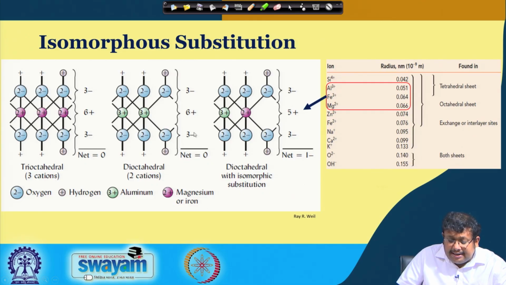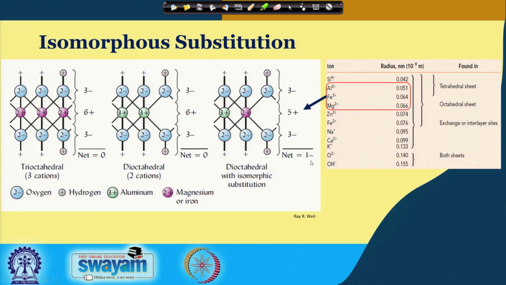So, when this isomorphous substitution occurs in this octahedral sheet, suppose we are replacing one aluminum ion with one magnesium with the valency of 2 plus, we will get a dioctahedral structure with isomorphous substitution. And when we are getting a dioctahedral structure with isomorphous substitution, obviously, here the total positive charge is +5 and the total negative charge is -6. Ultimately, we are getting an excess of negative charge.